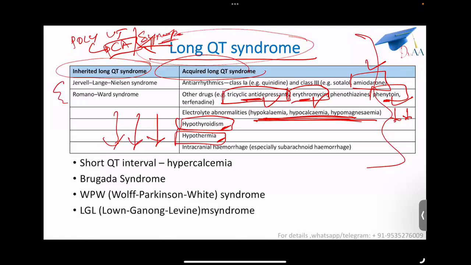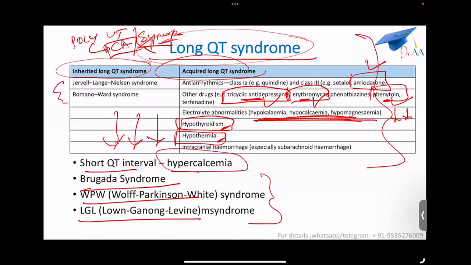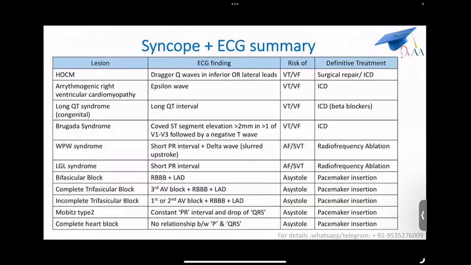Short QT interval is seen in hypercalcemia, which we have already discussed. Other causes of syncope are Brugada syndrome, WPW, LGL, which we studied in the previous class. This summarizes everything related to syncope and ECG. In an exam, they'll give you a stem of the question: a 24-year-old gentleman had come to the emergency department with a history of syncope.